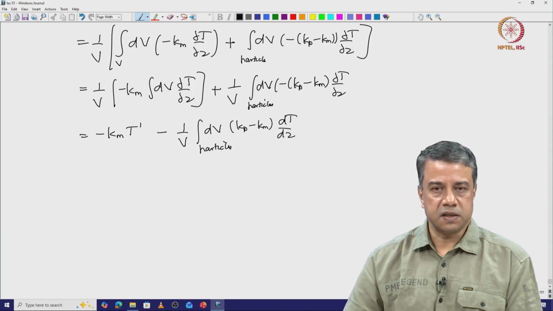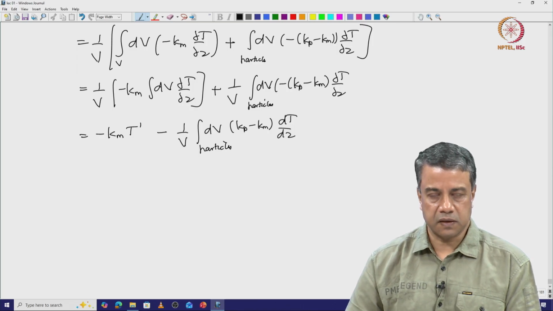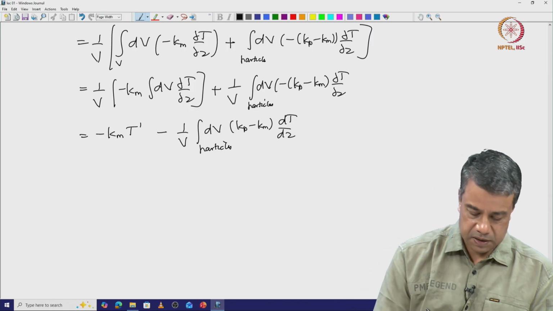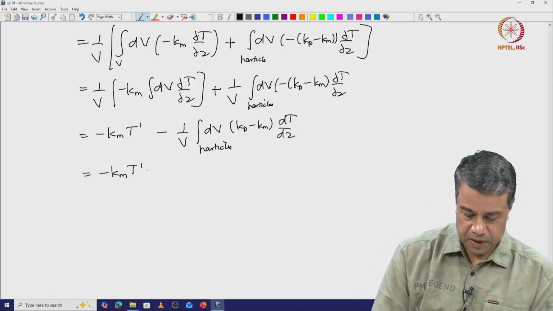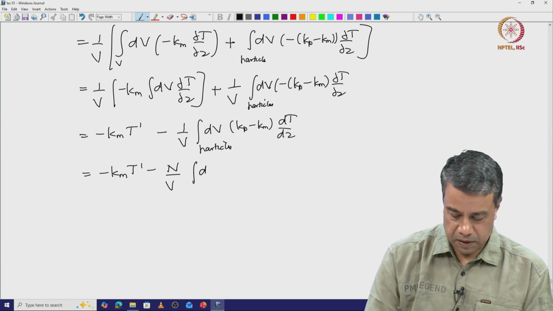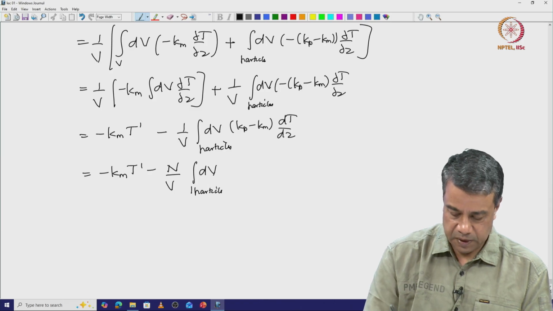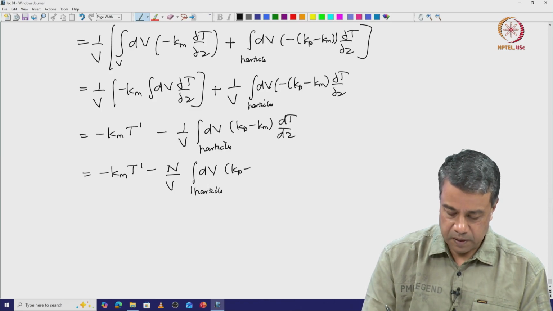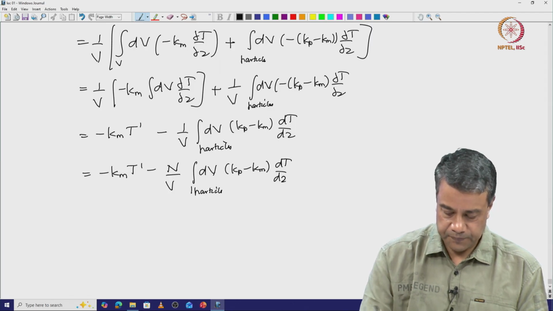We are considering this in the dilute limit, where the temperature field around one particle does not affect the temperature at another particle. Therefore, I can write this as the number of particles by volume, times the integral of the volume over one particle of Kp minus Km dt by dz.